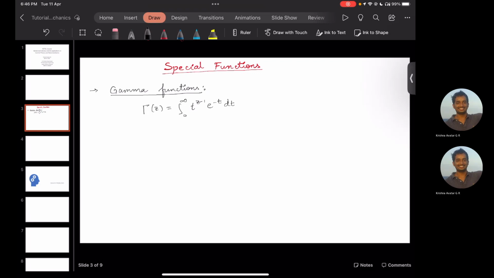So t here is the running variable and z is our argument for the function.